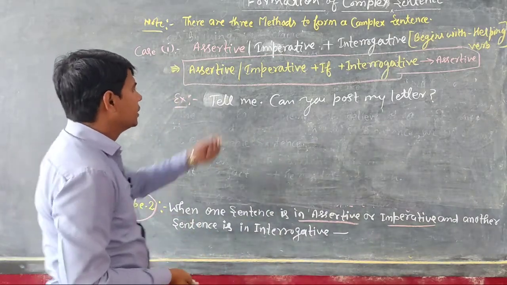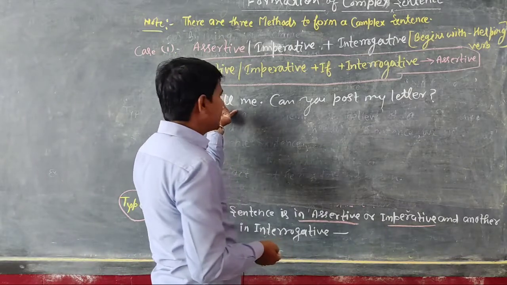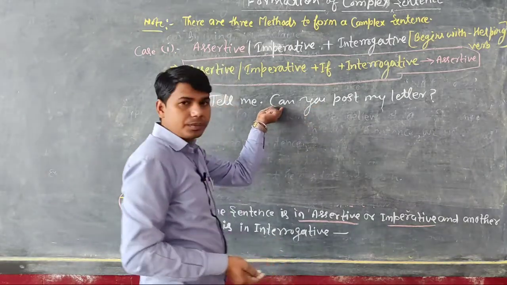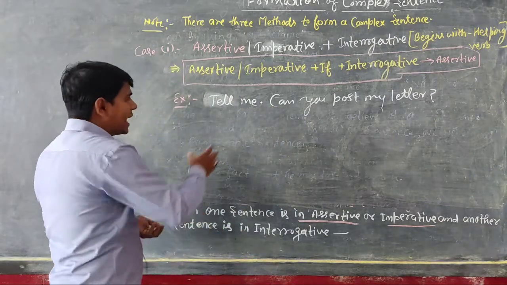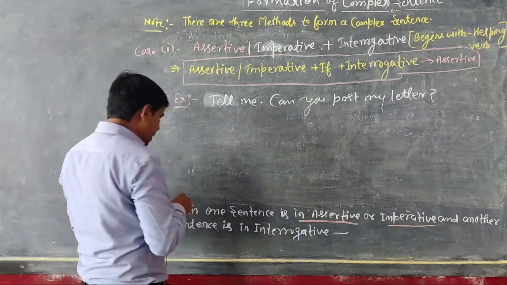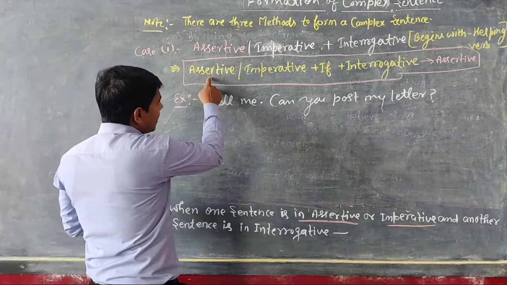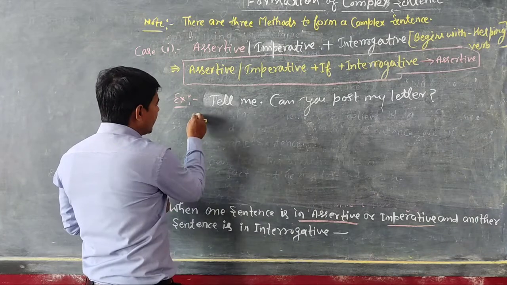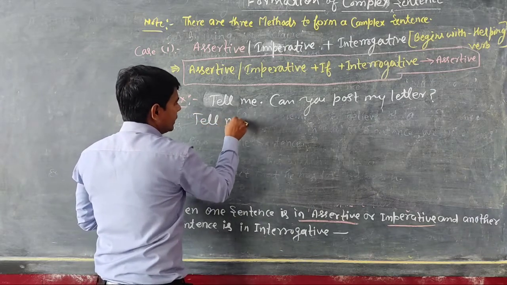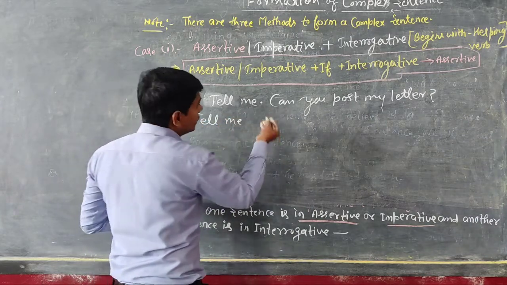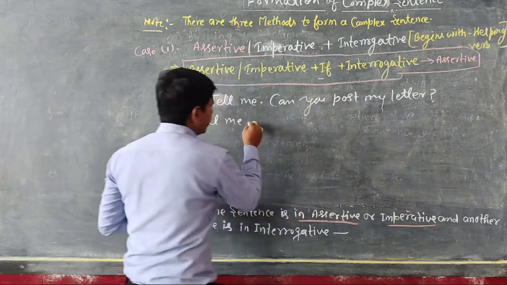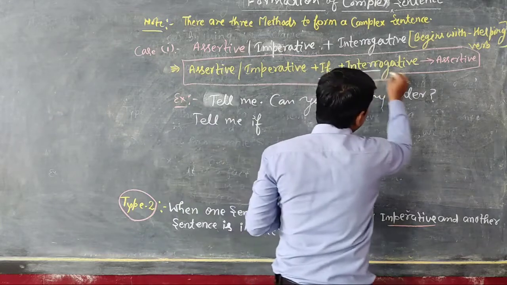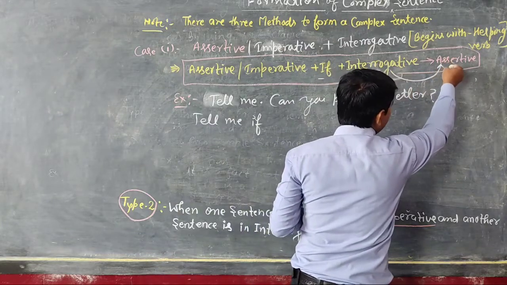Now see, this is an imperative sentence and that is an interrogative sentence, starting with a helping verb. So when you synthesize this sentence into complex, very first you will write either the assertive or imperative sentence. So this is an imperative sentence, so you will write: Tell me. Now you will use the conjunction if, then the interrogative sentence will change into assertive.